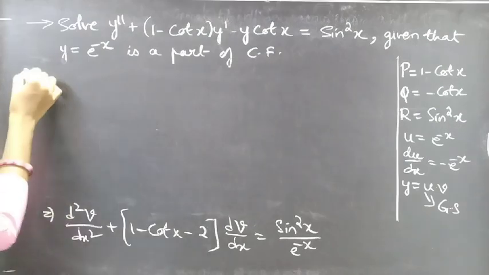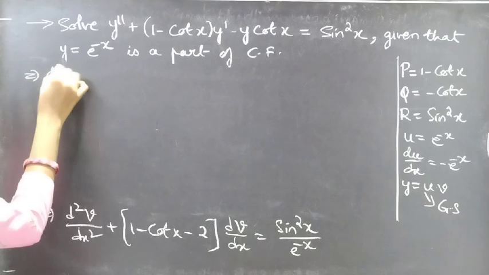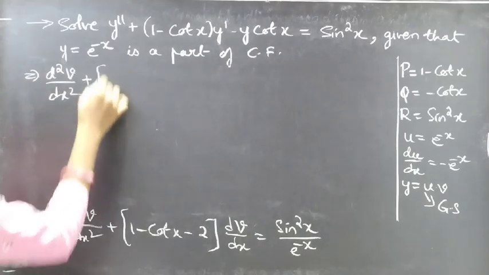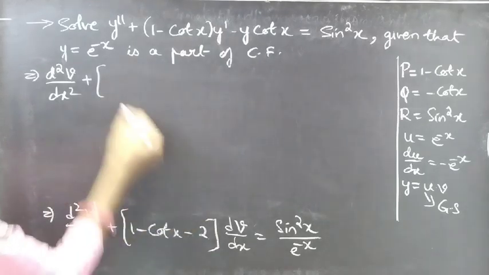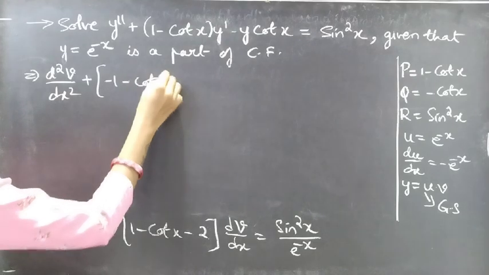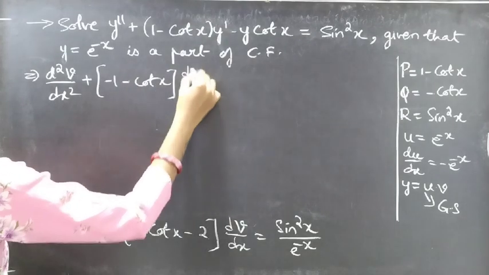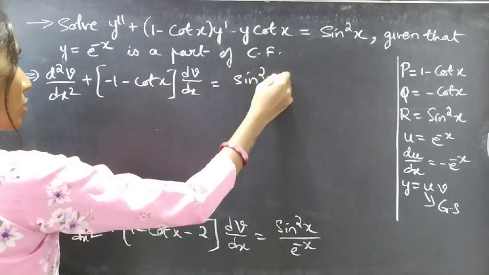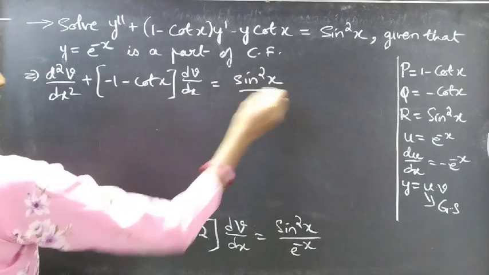This equation becomes d square v by dx square plus (1 minus 2 is minus 1, minus cot x) into dv by dx equal to sine square x by e power minus x.